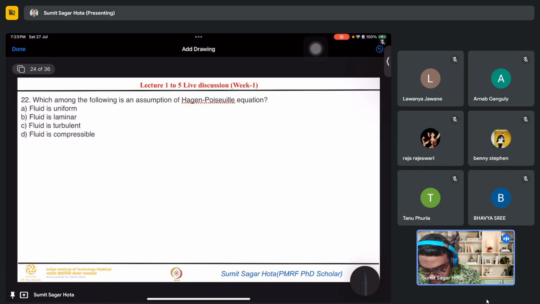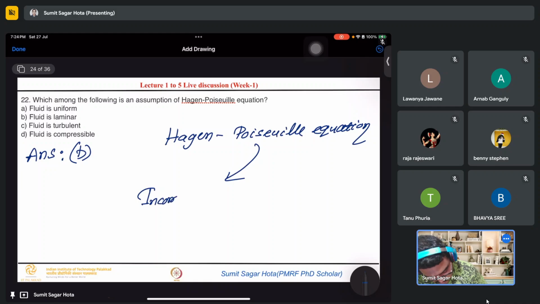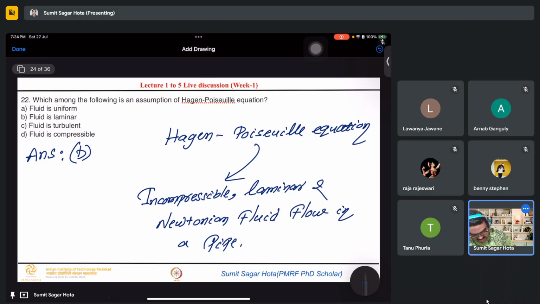Okay, so obviously if you see the options, only laminar is there, which is the correct option.